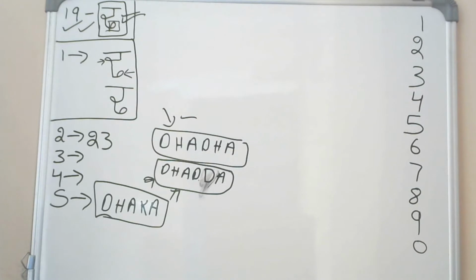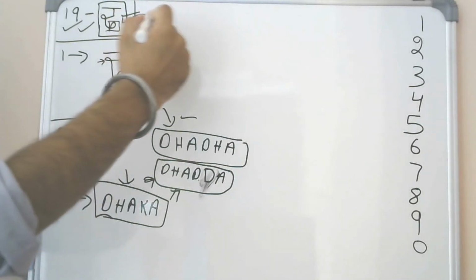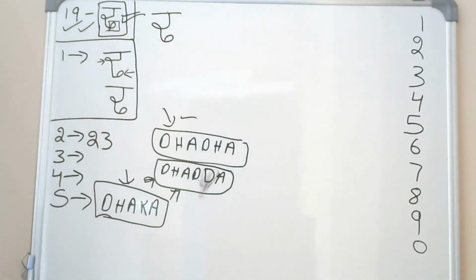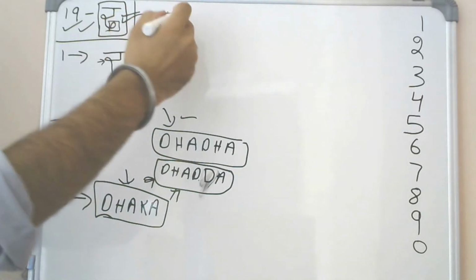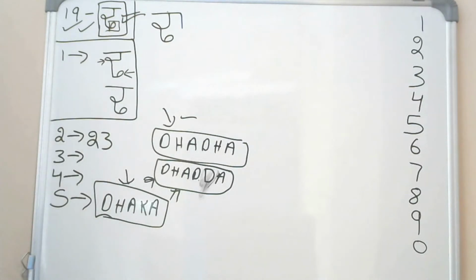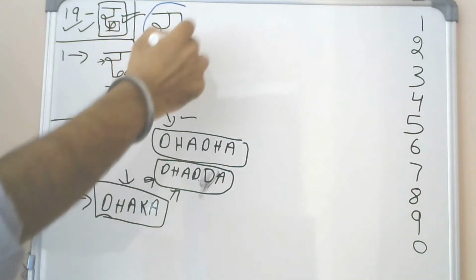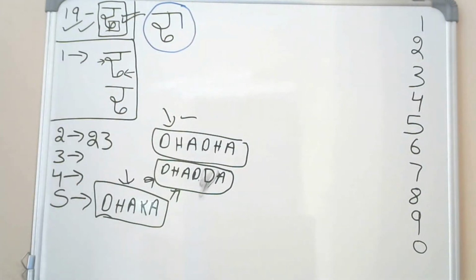And it is not completely true actually. If I am going to use this word as an example, then apart from this letter, what I need to do is I need to attach one symbol, which will be this. So this whole thing will give me the sound of ta.